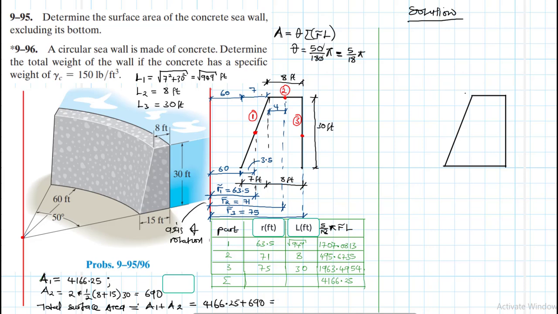This gives us a 4856.25 feet squared. So that is the first part. The total surface area, we found just the first part.